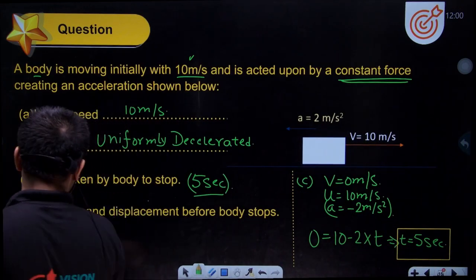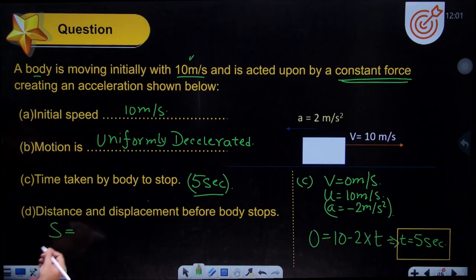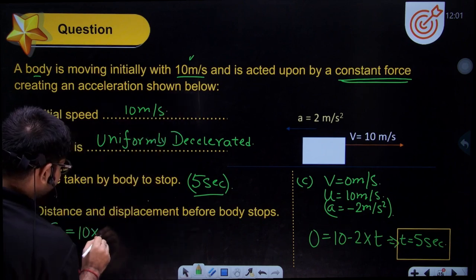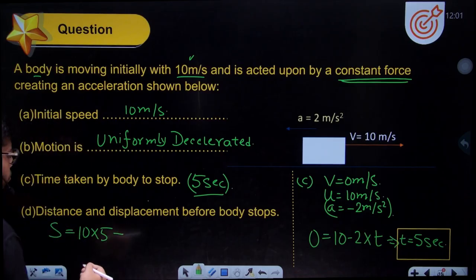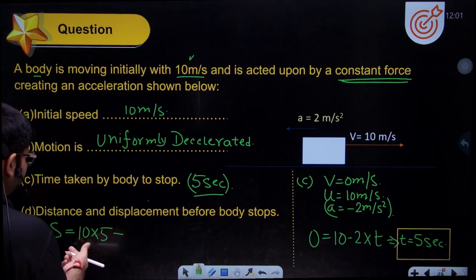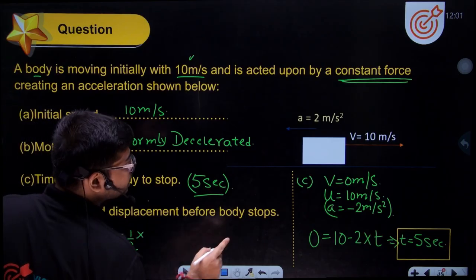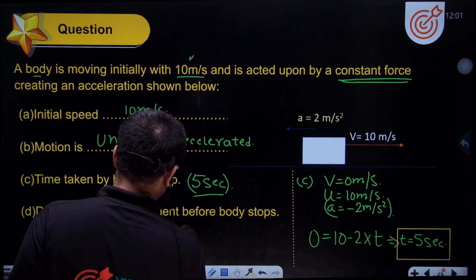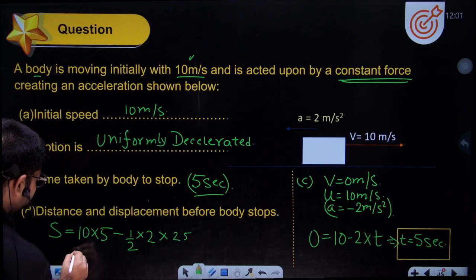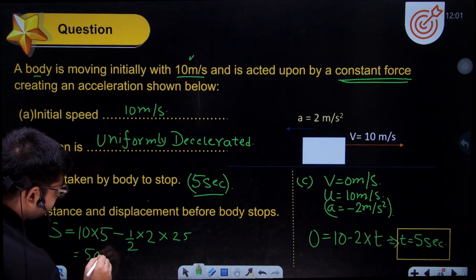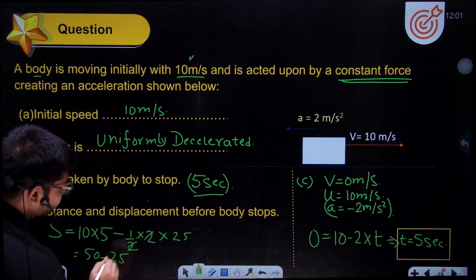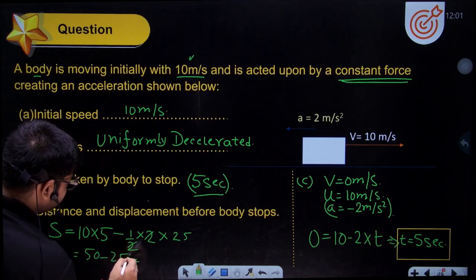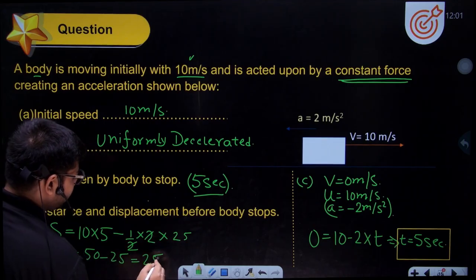From that you can directly find out s is equal to, u कितना है आपका given है ना 10, टाइम कितना है 5, माइनस होगा, क्यों माइनस होगा, क्योंकि एक्सीलरेशन नेगेटिव है। एक्सीलरेशन कितना है 2, t square, सो मतलब 25, तो you are going to get 50 minus 25, है ना। So what you are ultimately getting, 25 मीटर आपको मिलेगा.